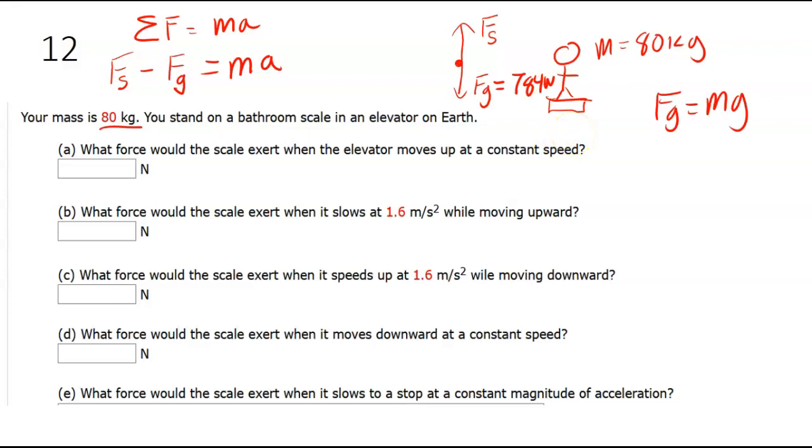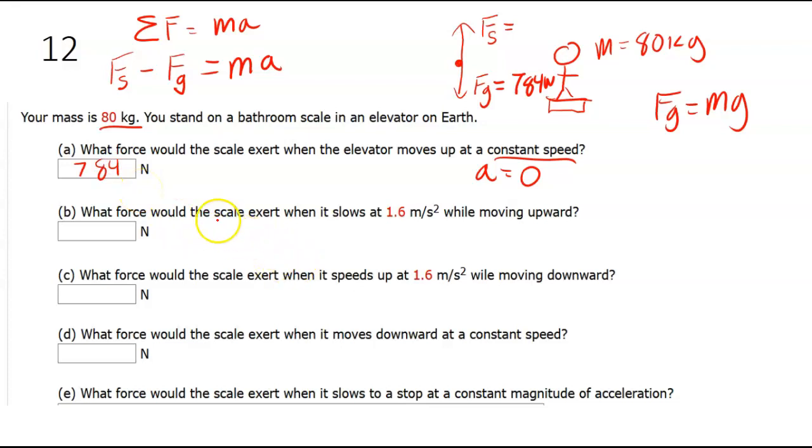That part is not going to change. Depending on the motion of the elevator, though, I would have different results. If we're at constant speed, and I know that means my acceleration is equal to 0, then I know that these two things have to be equal, and I would just say 784.